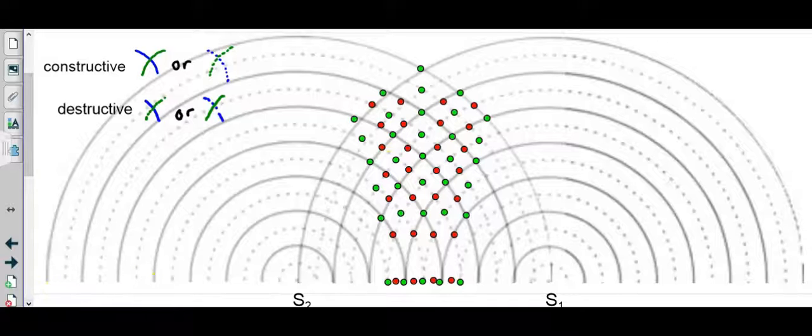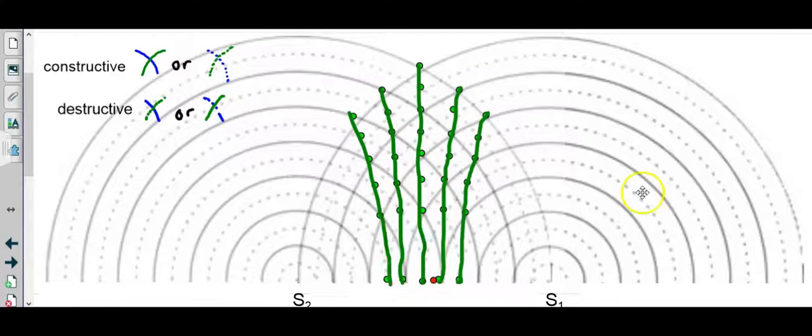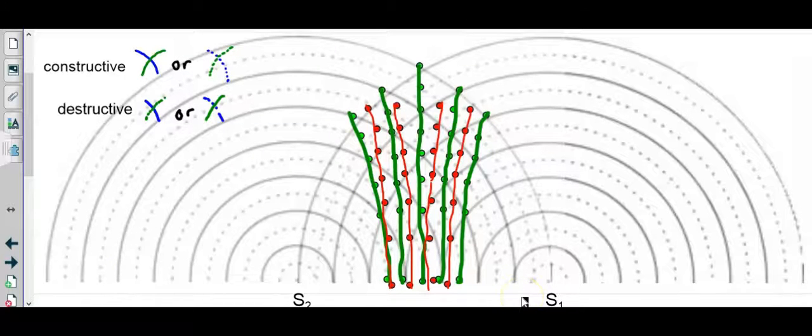This is a snapshot of the constructive and the destructive interference points. You follow the green lines up, you follow the red lines up. I'm going to try to fill those in for you. Here we have the green constructive interference lines and the red destructive interference lines.